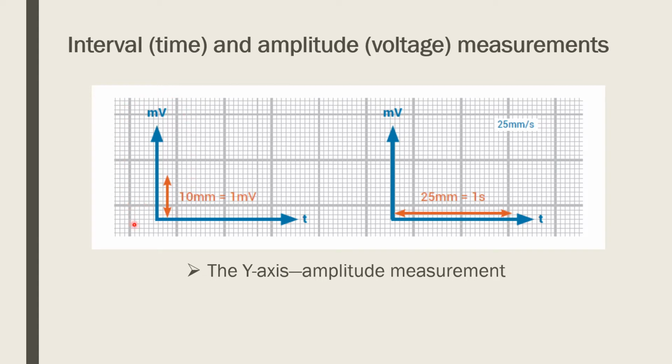The amplitude represents the voltage measured in 1 millivolt each 10 millimeter, and the x-axis represents the time measurement or the interval, which is measured in 1 second each 25 millimeter.